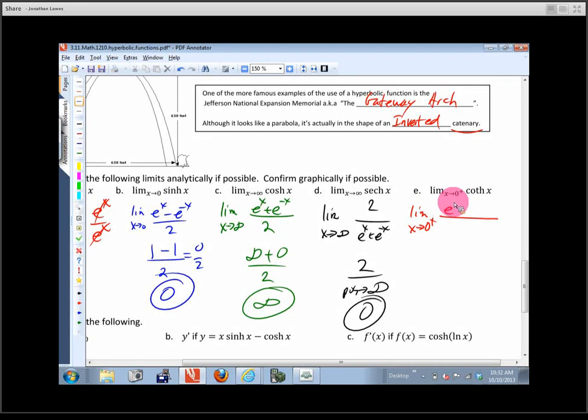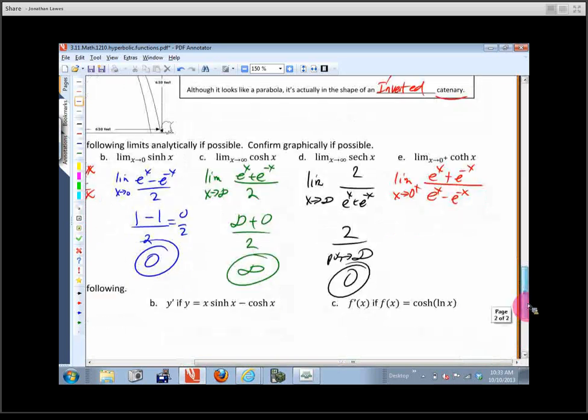So we've got e to the x plus e to the negative x, over e to the x minus e to the negative x. And maybe let's see what happens here if we plug in numbers that are really close to 0. Really small numbers on the positive side.